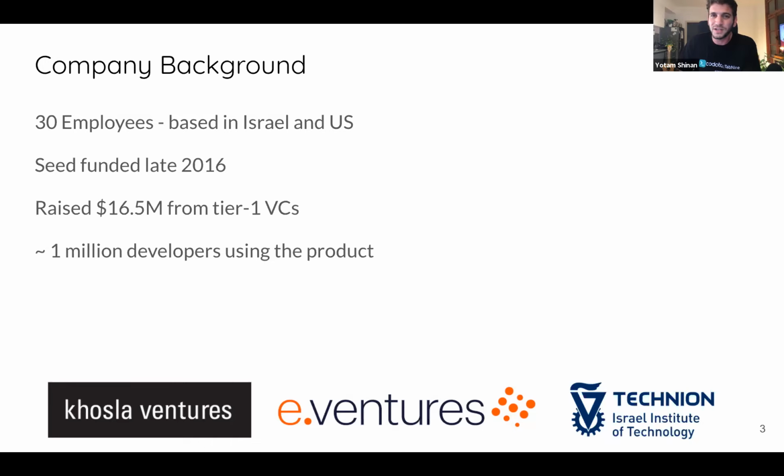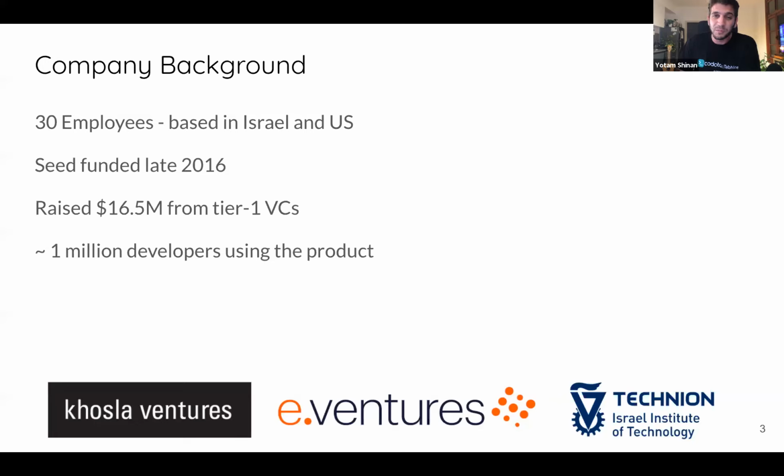A little bit about Codota. There are 30 of us. We were founded in late 2016 and have raised almost $17 million so far to develop our artificial intelligence algorithms. We already have 1 million users. They are code developers writing in all languages, in all IDEs, in all code editors.